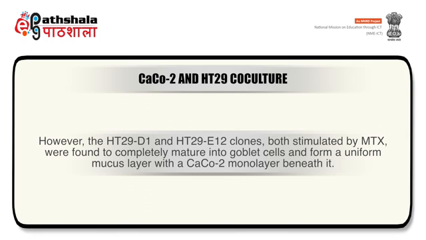However, the HT29-D1 and HT29-E12 clones, both stimulated by MTX, were found to completely mature into goblet cells and form a uniform mucus layer with a Caco-2 monolayer beneath it.